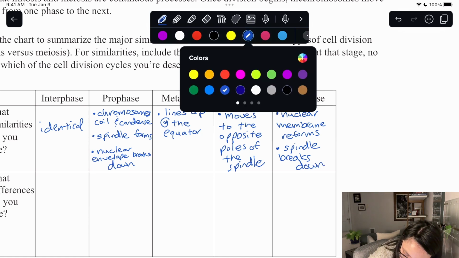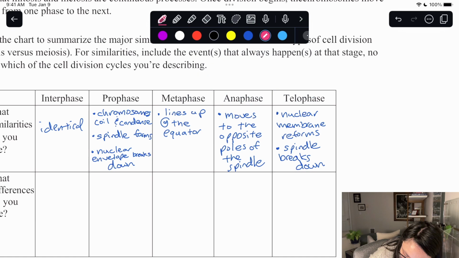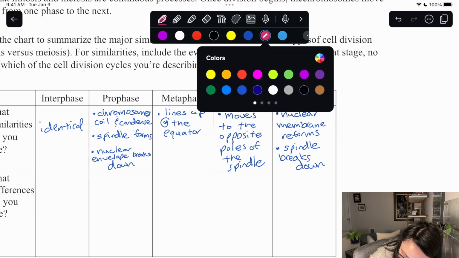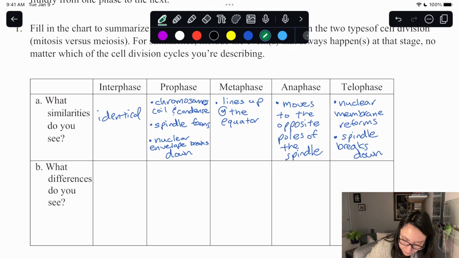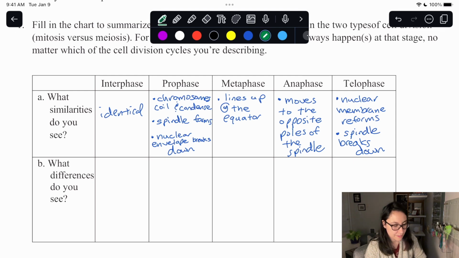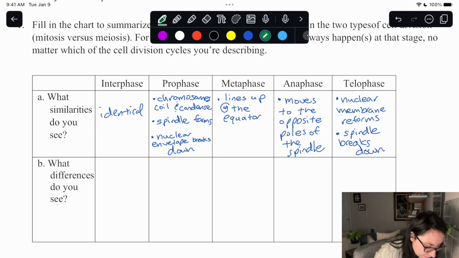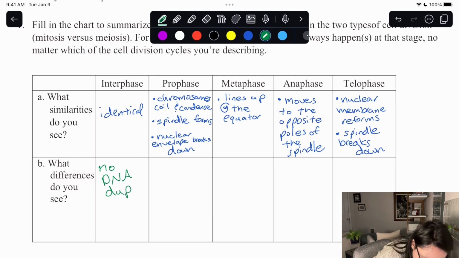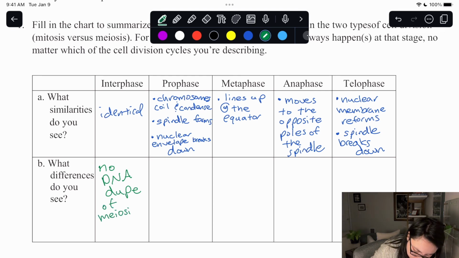All right, let's do a nice green color, because now we'll talk about the differences that we see. The first difference is that there's no DNA duplication in the interphase section of meiosis II.